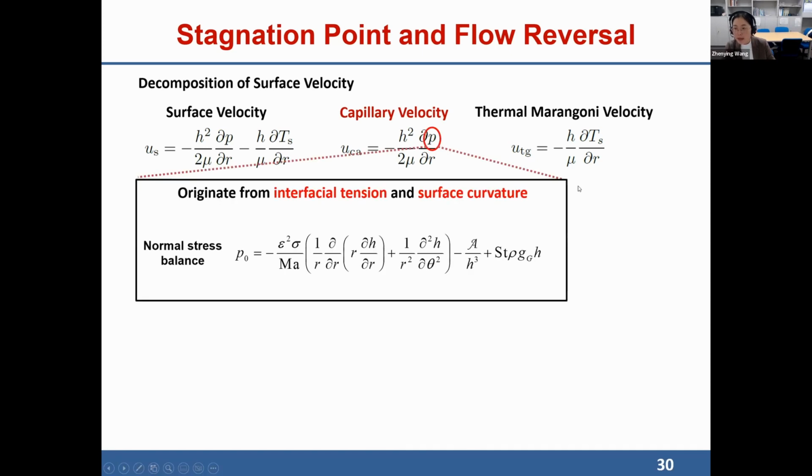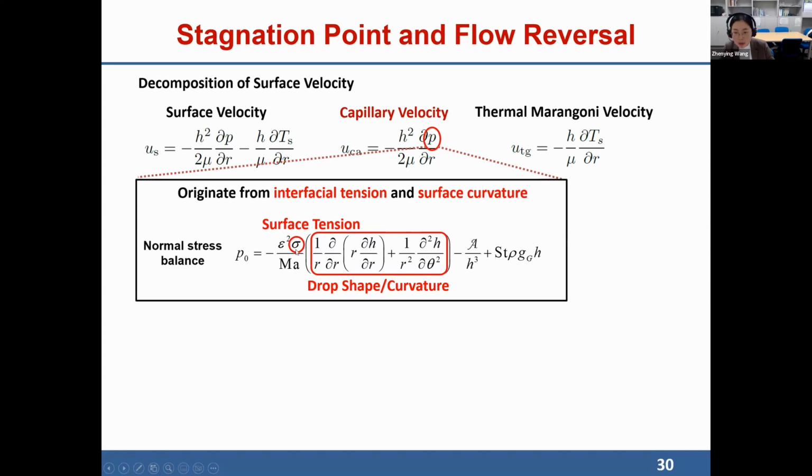If we further look at the expression of P here, the liquid pressure, we can see that this Laplace pressure originates from the interfacial tension and the surface curvature.